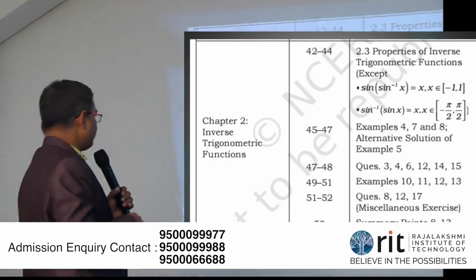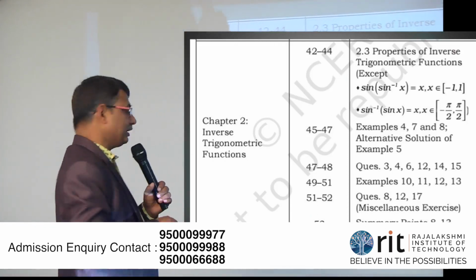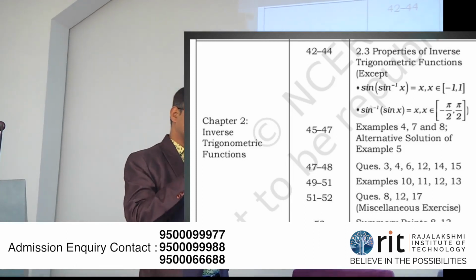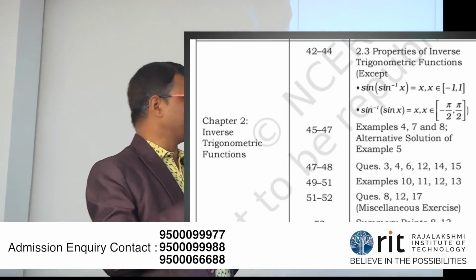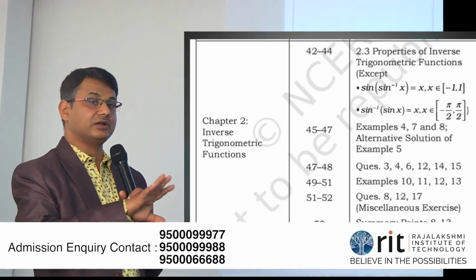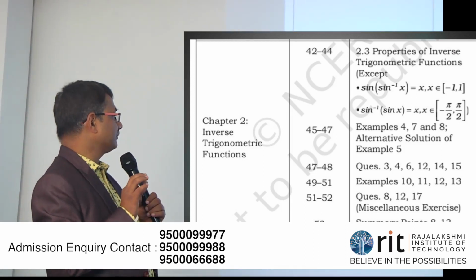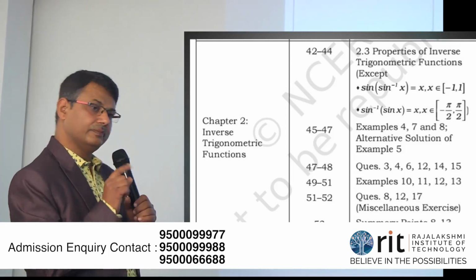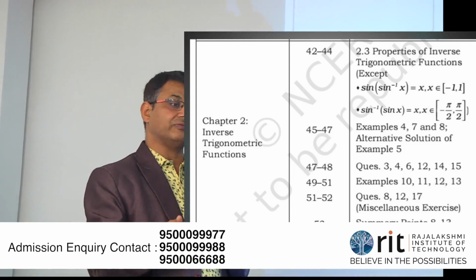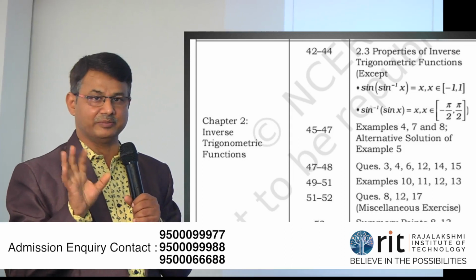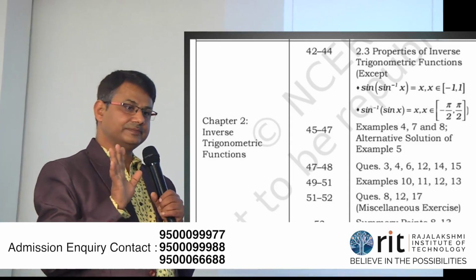Page number 45 to 47, example 4 is not coming, but 1, 2, 3 are coming. 5 is coming, 6 is coming, 7 and 8 not coming. The alternative solution of example 5 from page 45 to 47 will not be asked in the CBSE examination.